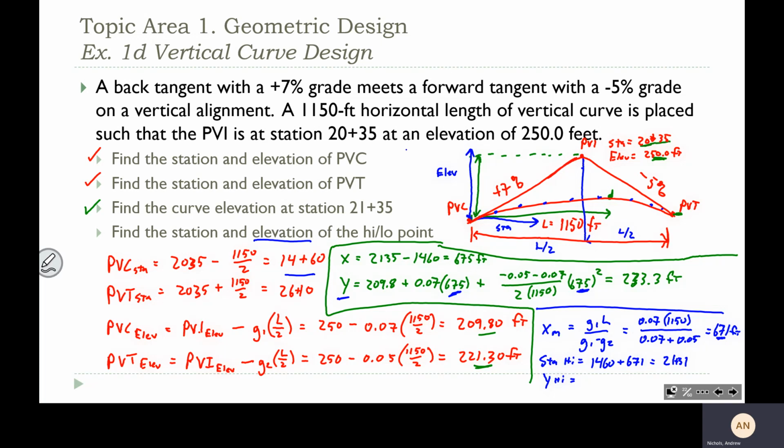And then what do you think happens when X is equal to your curve length? If the X you plug in is equal to 1150 in this example, what elevation do you think that's going to give you? 0. Nope. So it'd be the elevation of your PVT, which we calculated over here as 2221.3.